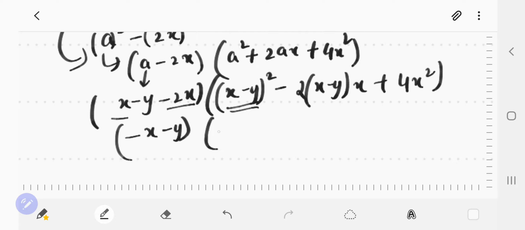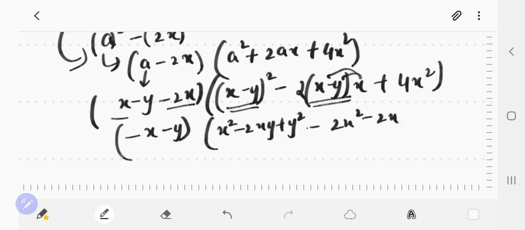Here you have to open this, so it will be x square minus 2xy plus y square, and you have to open this also, so that will be minus 2x square and minus 2xy, and then here will be 4x square.